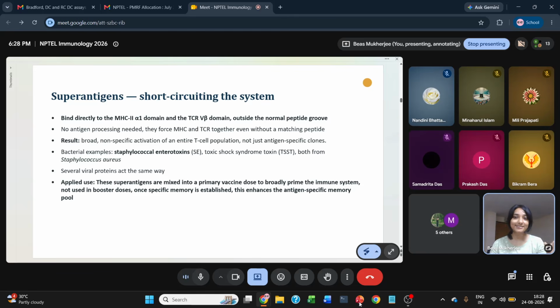Now this has been used in therapy very intelligently by us humans. In the primary vaccine dose, this superantigen is clubbed with our desired antigen and introduced into the patient.